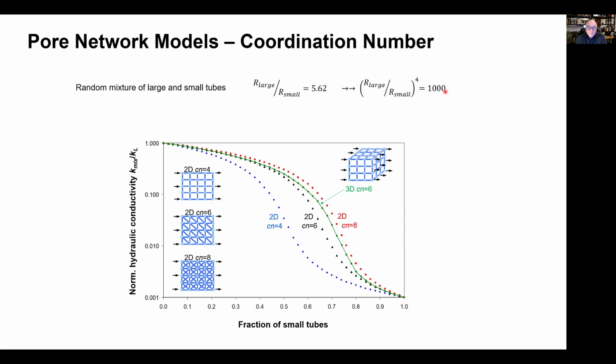And so when we now look back at the predictions of the hydraulic conductivity of a mixture with respect to the hydraulic conductivity if they were all large tubes, we see that as the fraction of small tubes increases, of course, the permeability decreases and it goes to the shut-off value, which is basically the 1,000 ratio that we have here, because if all the tubes are 1,000 times smaller than when they were all large, then the permeability will drop by the same amount.